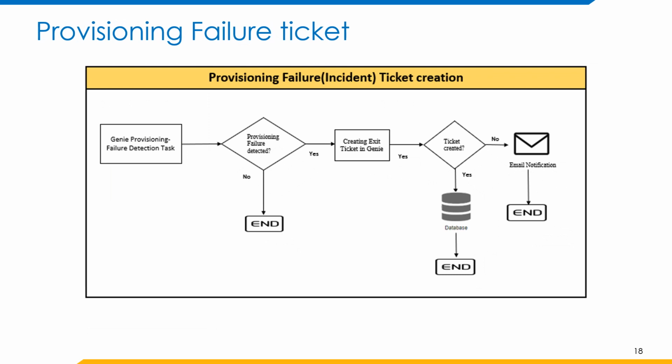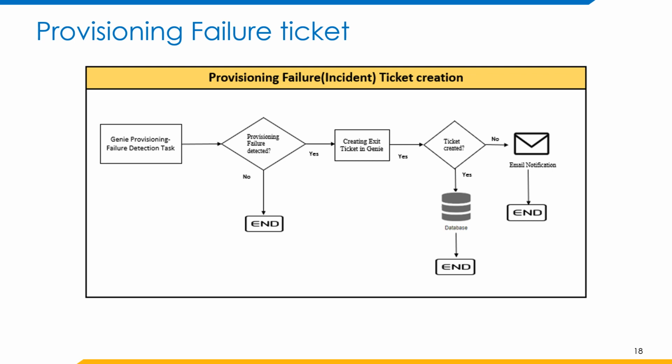The next use case is provisioning failure ticket creation. Here we filter the provisioning failures in the last 24 hours in applications such as Active Directory, GWS Gmail and OpenLDAP, and we include operations in the provisioning failures such as create, enable, disable and delete.